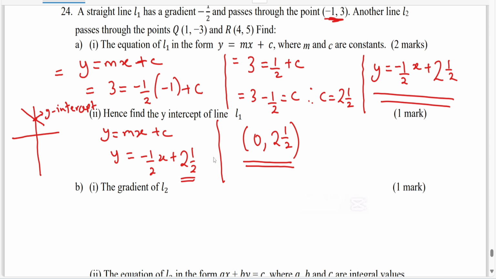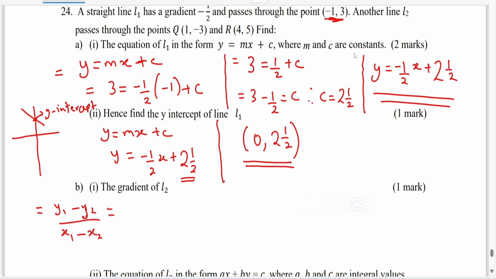Question B, Roman 1, the gradient of L2. How do you get the gradient? It is change in y over change in x, or y1 minus y2 over x1 minus x2.